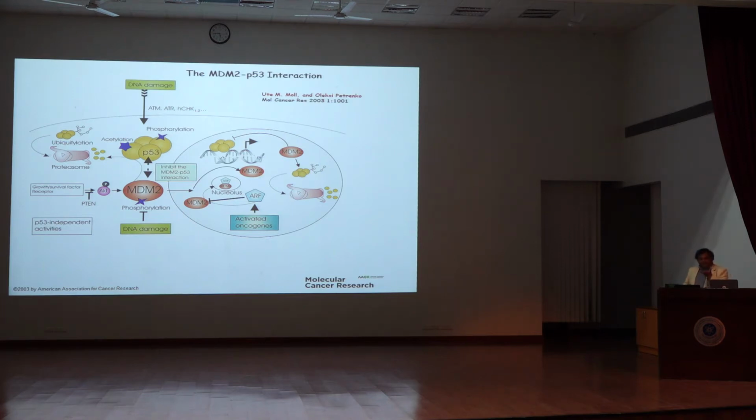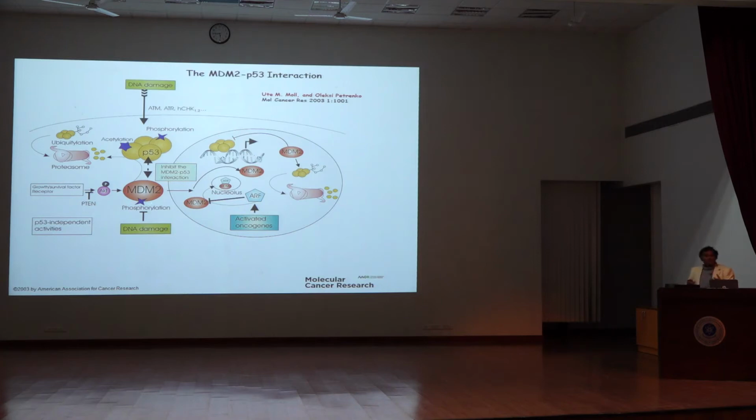So P53's role is to sense stress in the cell, such as UV radiation, get activated and ask the question, can the cell be repaired? If it can be repaired, repair and go on. If it cannot be repaired, apoptosis. And then of course there's senescence and all, but this is in general P53's role. So P53 is that important, which is why it's called the guardian of the genome.